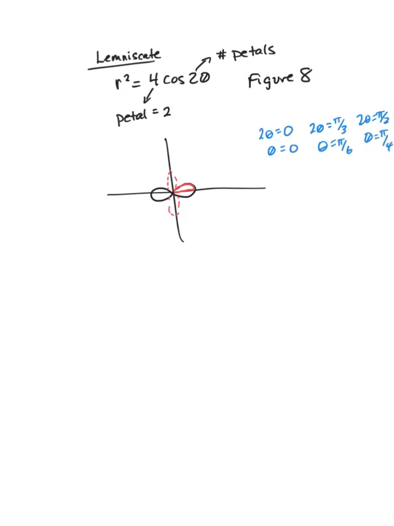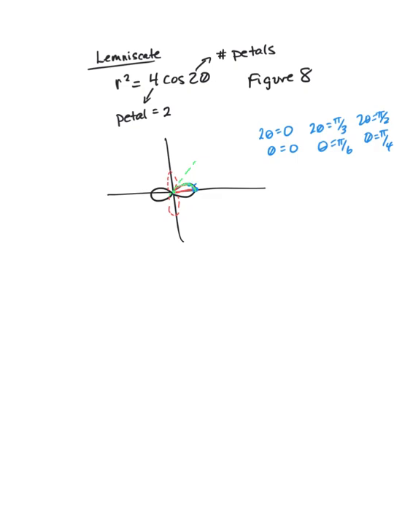So when I substitute in 0, I start off at 4. So I'm starting here. When I substitute in pi over 6, I'm going to have 4 times a half, which is 2. But that's at pi over 6, so you're headed in this direction. And then when I take pi over 4, which is here, when I substitute that in, I'm going to get 0.